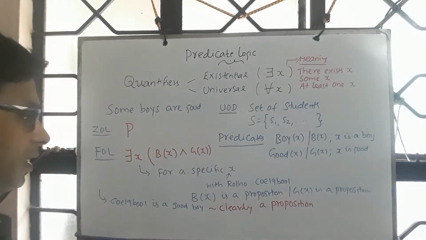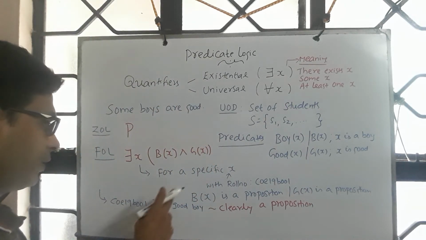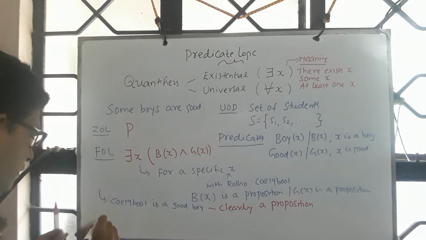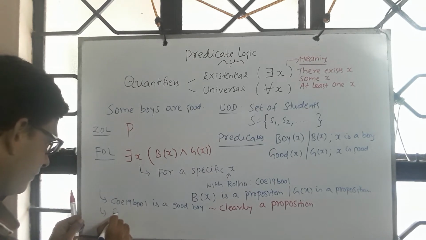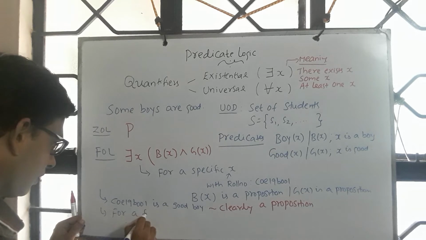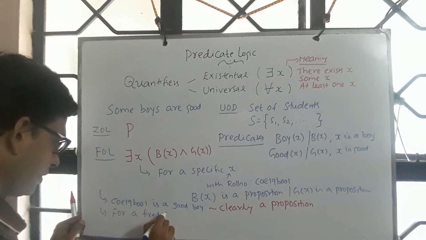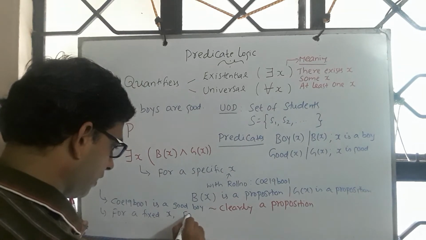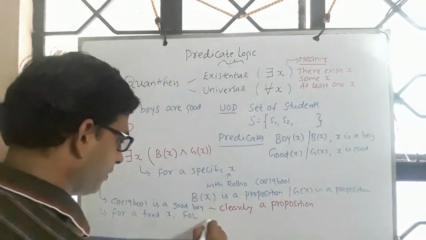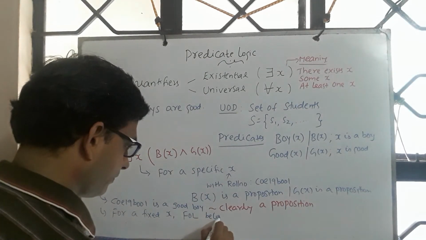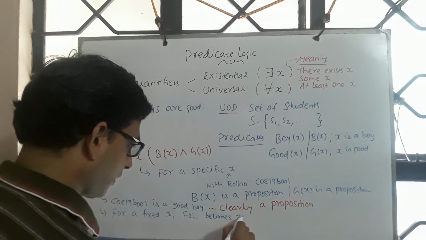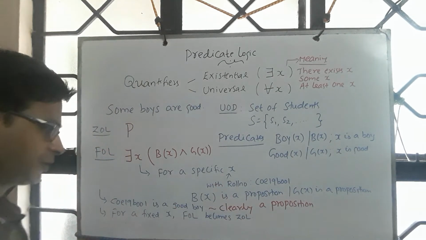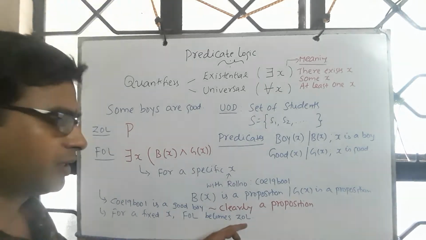Correct? So you vary X. So for a fixed X, first order logic FOL becomes ZOL, which means the predicate becomes a proposition.